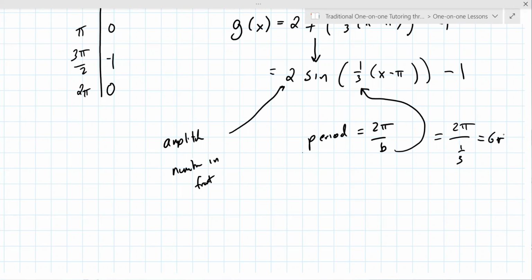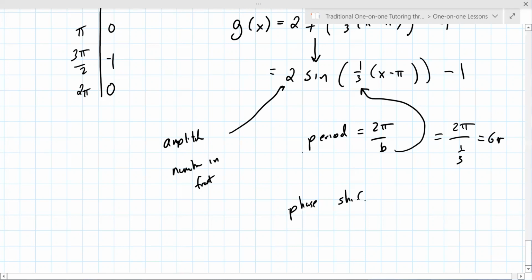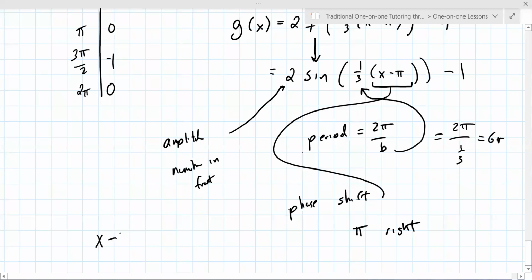All right. So the next thing it asks for is the phase shift. The phase shift is actually this thing inside parentheses with the x. So you would say it's pi right. It's right because of the same reason that x minus 2 squared is shifted 2 right.